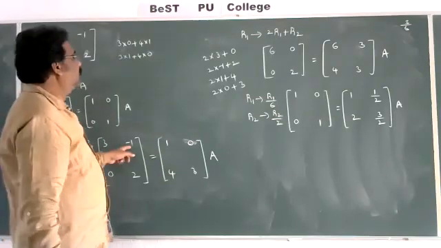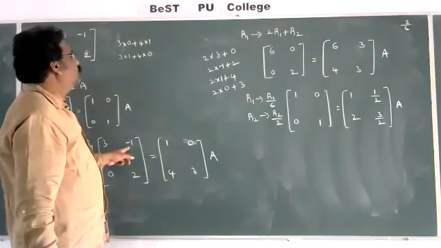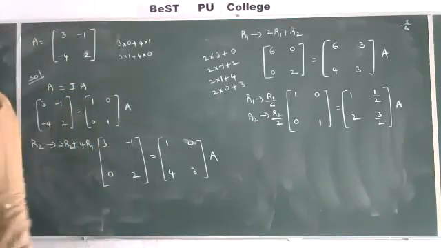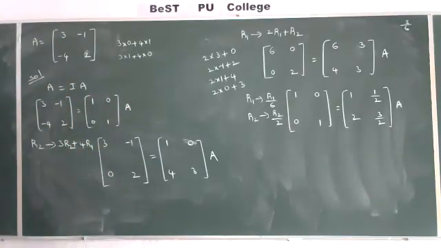Here we required 0. R1 goes to 2R1 plus R2. Correct. That is 2R1, 2 into 3 is 6 plus 0, 6. 2 into minus 1 is minus 2 plus 2, 0. Second row same, 0, 2.